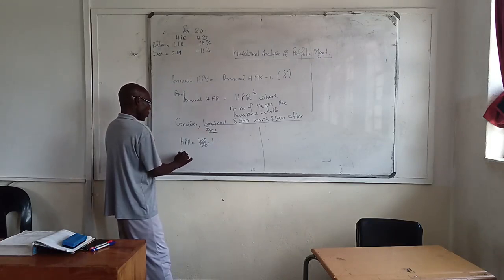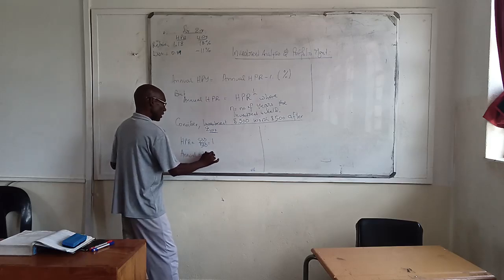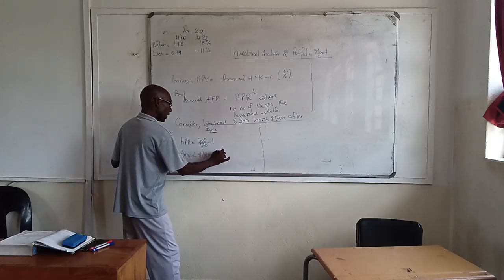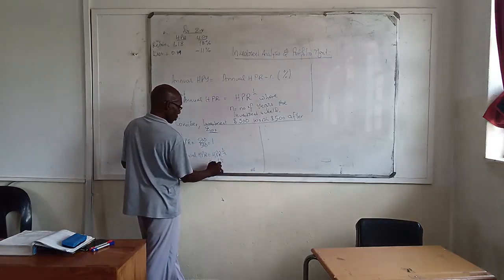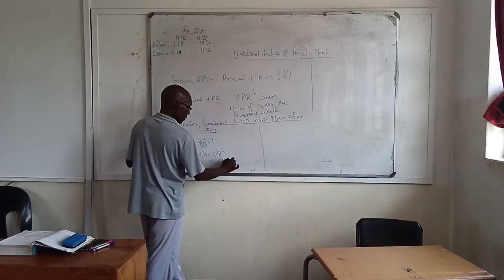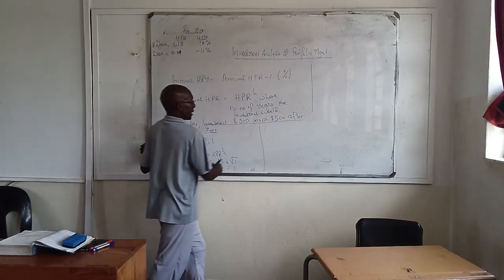1. Therefore, annual HPR is equal to HPR to the power 1 over n. So this is 1 to the power 1 over 2, which is the square root of 1, and this is 1. Square root of 1 is 1. Alright?